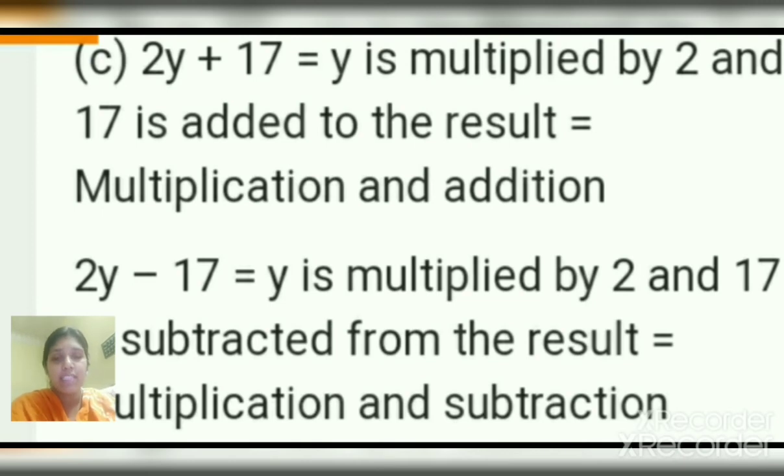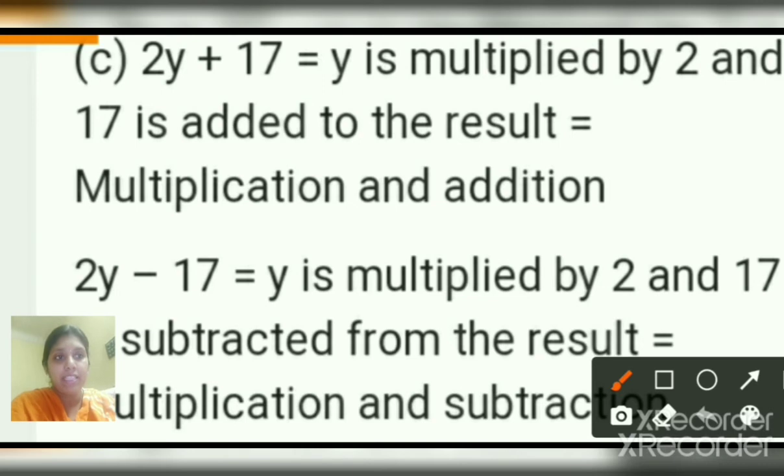Next one, C subdivision. We have two questions, 2y plus 17 and 2y minus 17. What is the operation used here? We have addition.